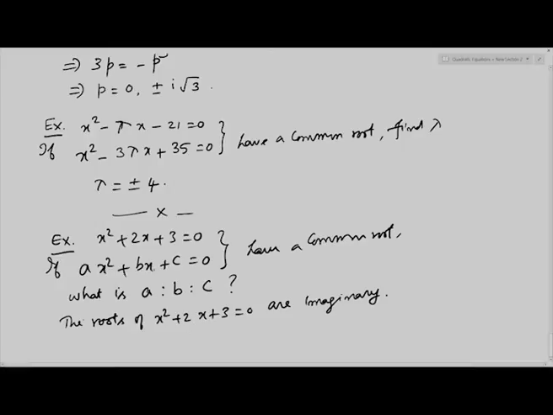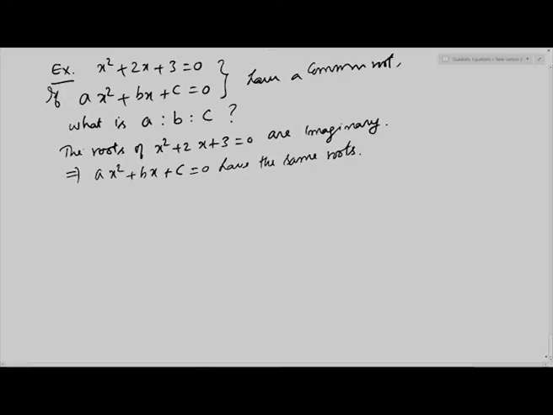Similarly, if these equations have a common root, this forces that ax square plus bx plus c equal to 0 also has the same roots, that is both roots are common to these two equations, and hence the second equation is a constant multiple of the other equation.